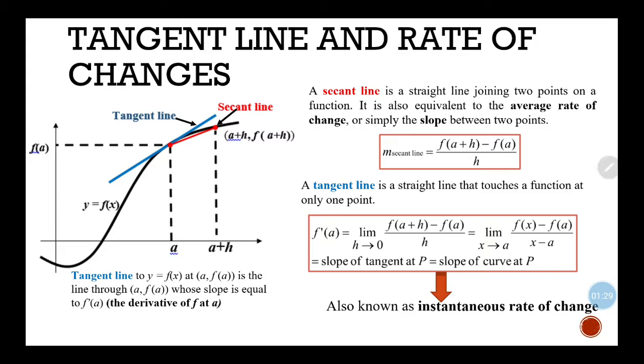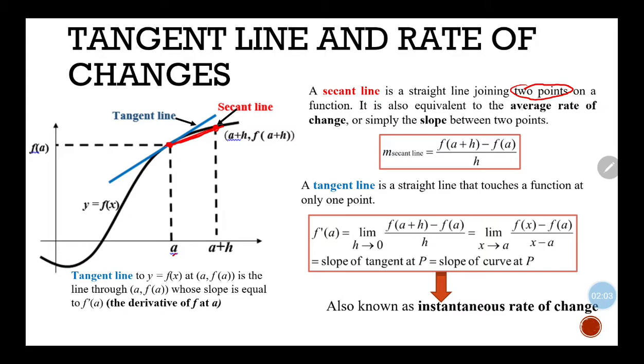Okay, first, what is a secant line? Secant line is a straight line joining 2 points of a function. Okay, so here you can see the secant line is the red one, with 2 points, which are at point A and point A plus H. It is a line joining 2 points of a function.